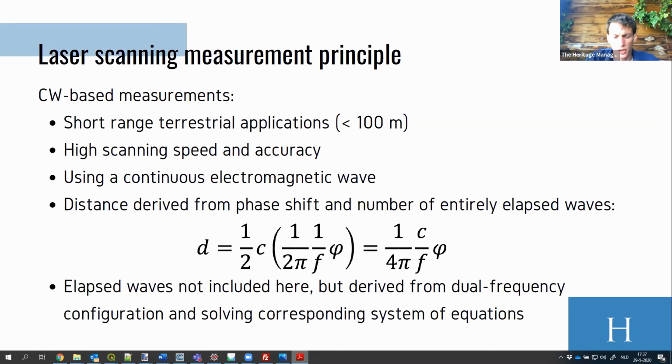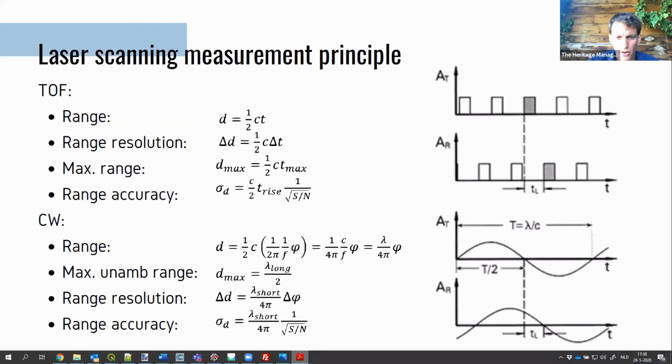It gives you an estimate of the distance, and then this estimate is fine-tuned by the calculation with the short wavelength. So here is an overview of the two range equations that you see here.